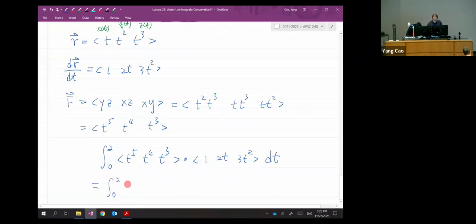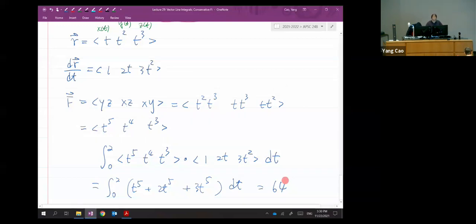So t to the power 5 plus 2t to the power 5 plus 3t to the power 5 dt. So calculate everything, so you should get 64. Okay, so that's the generic approach of how you can compute a vector line integral.